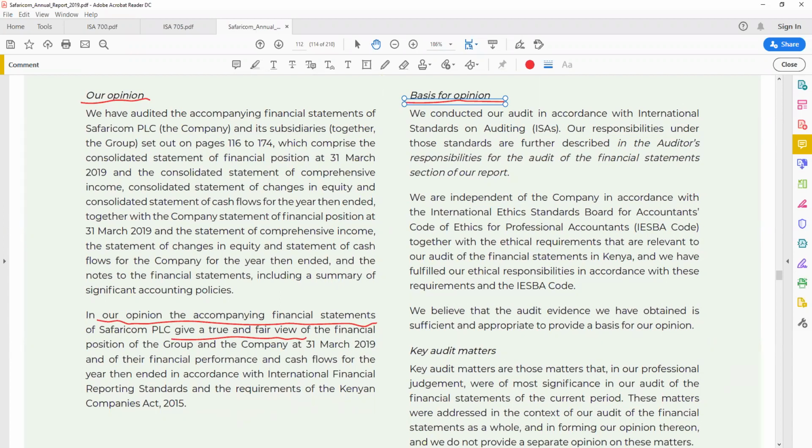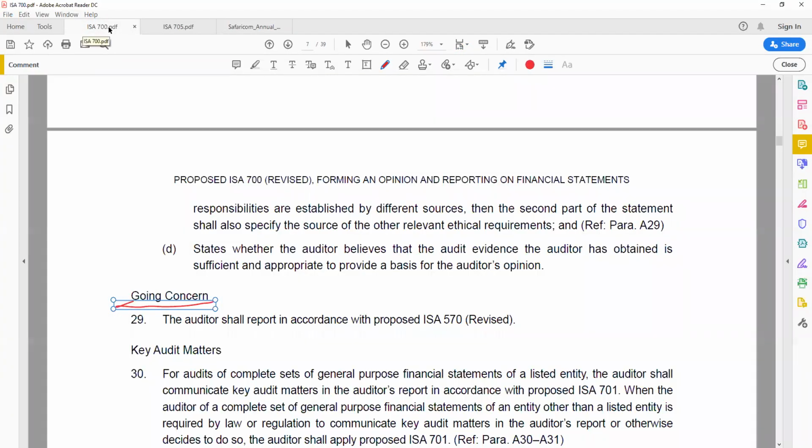It was not included in the report of Safaricom. When there is a going concern issue, then what ought to appear next is the company going concern. But we're saying there's no issue regarding it.